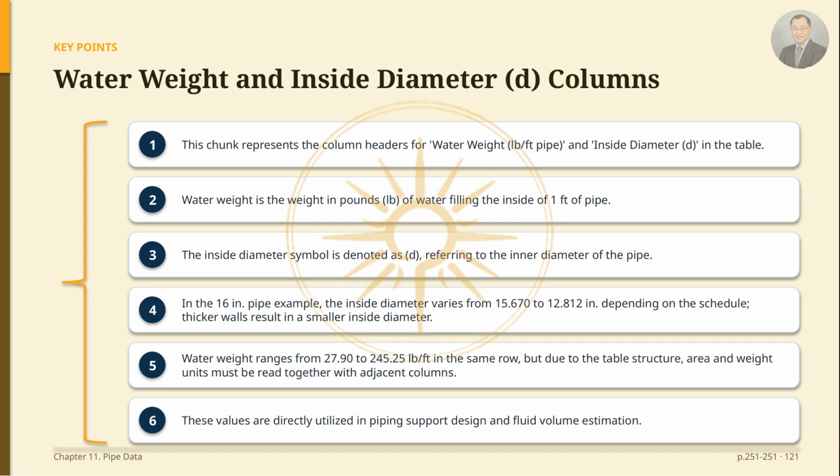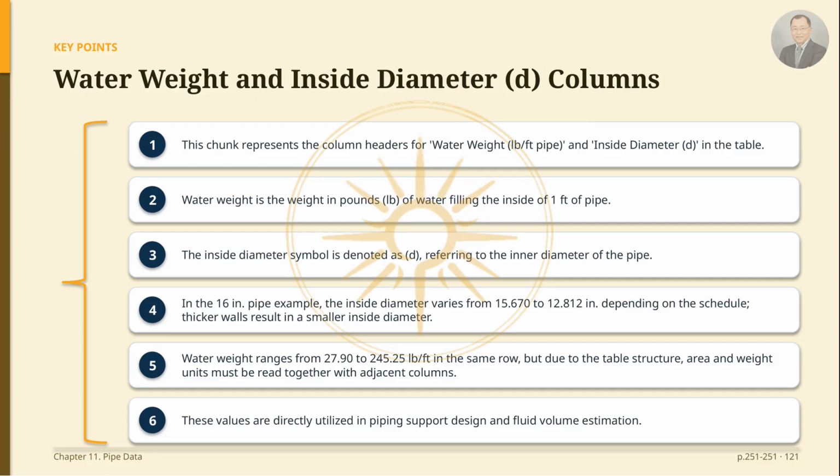In this slide, we will look at the water weight and inside diameter items, which are the basis of pipe design. Water weight is the weight of water filling the inside of the pipe per foot, expressed in pounds, and the inside diameter refers to the inner diameter of the pipe, denoted by the symbol D. For example, in the case of a 16 inches pipe, the inside diameter varies from 15.670 inches to 12.812 inches, depending on the schedule, showing the characteristic that the inside diameter becomes smaller as the wall becomes thicker.